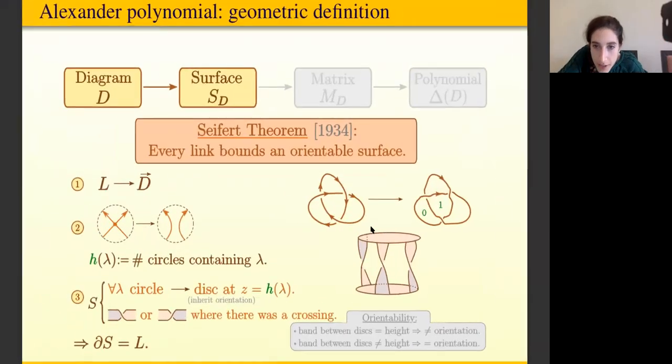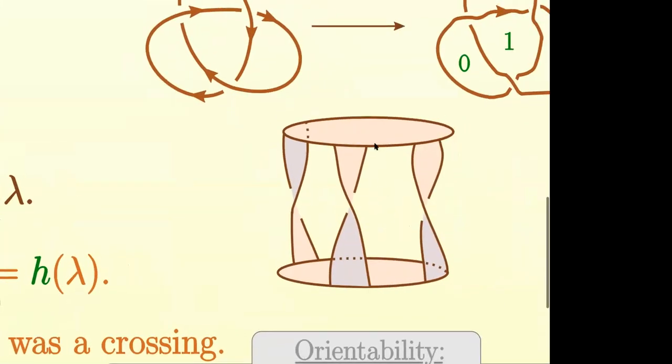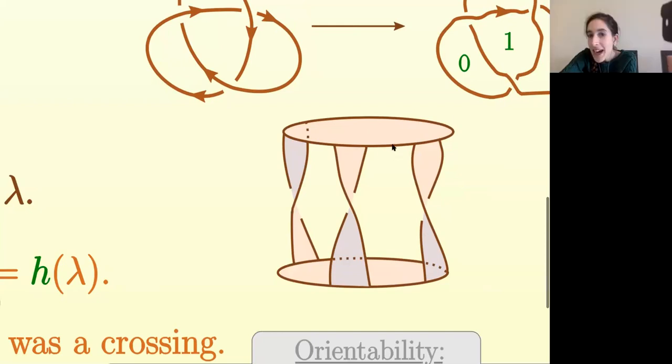So this is pink, and down you have gray. So the band does this, so this side that you see of the band is connected to the down, the part that you are not seeing of the disc. Do you understand what I mean?